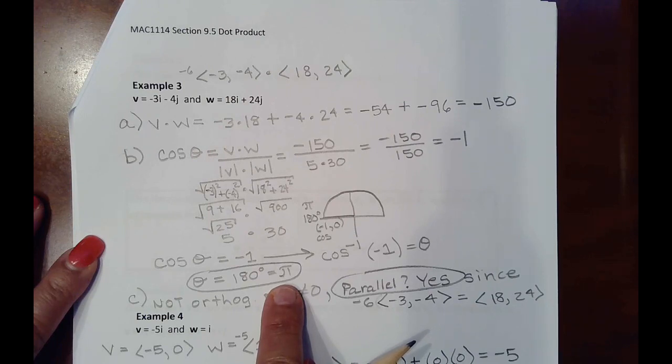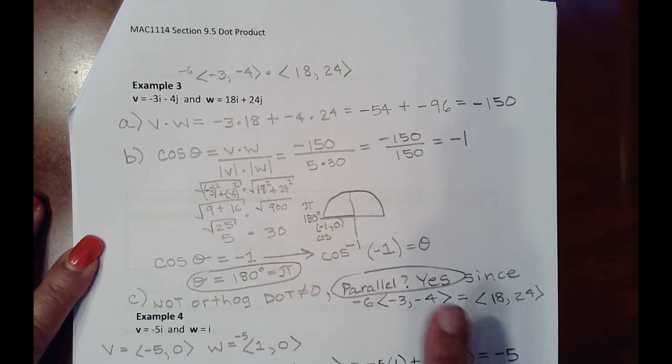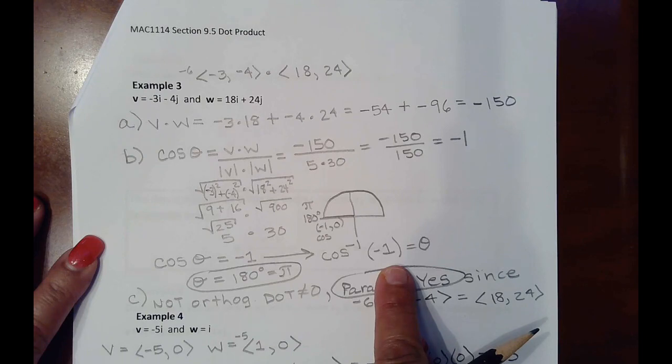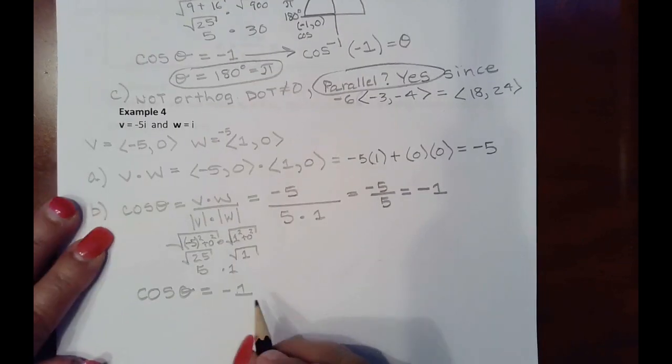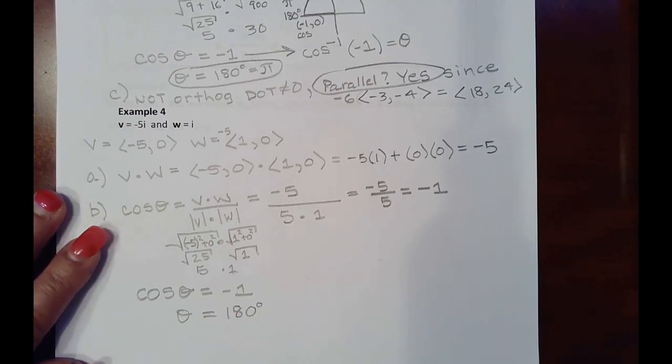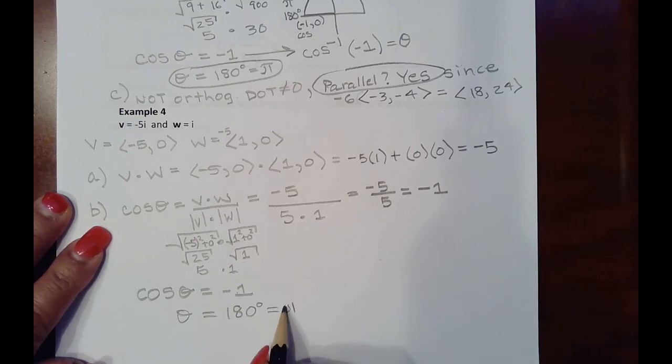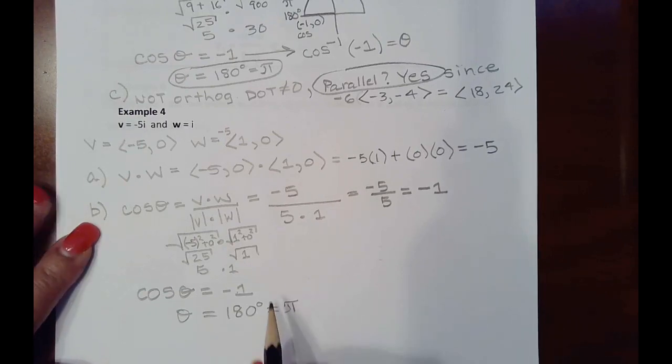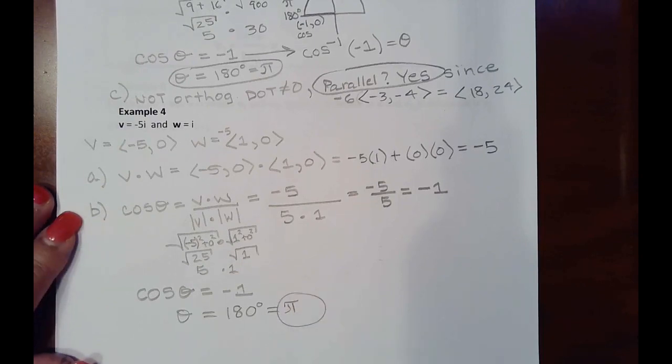I showed this graphically, and we also did it in the calculator. Both times we got 180 degrees. So theta would be 180, again verifying that they are not orthogonal, in other words, perpendicular. That is the angle between them.